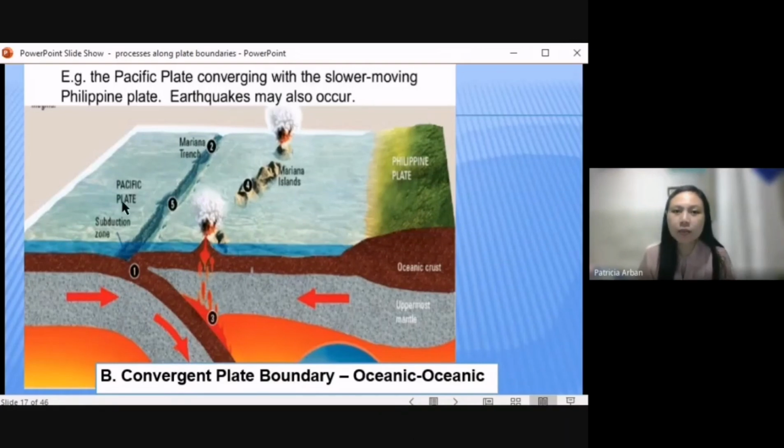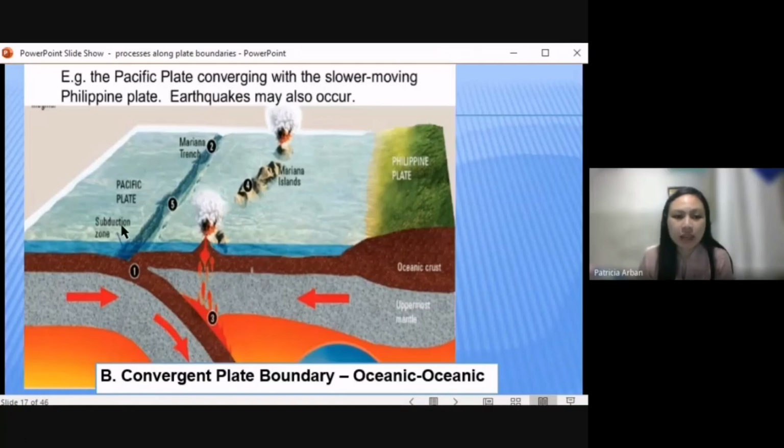Sasabihin natin ang oceanic crust ay denser. Okay, now, the one that will subduct will be the older oceanic crust. Meaning, this one, yung tinuturo natin, this is the older one, compare here. This is the younger one. Okay, remember that. When two oceanic crusts collide, the older oceanic crust subducts beneath the younger oceanic crust.